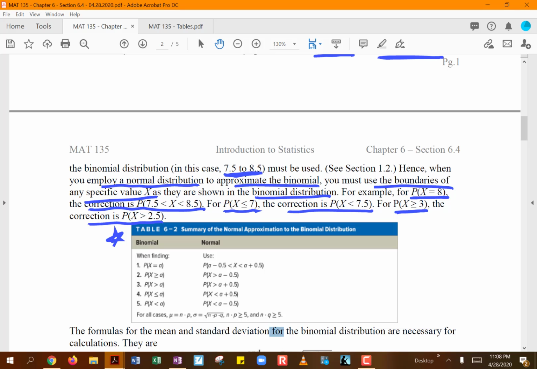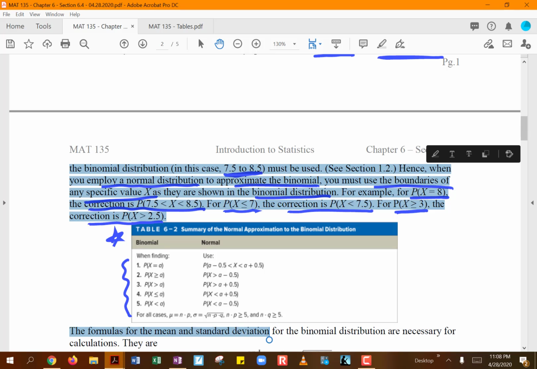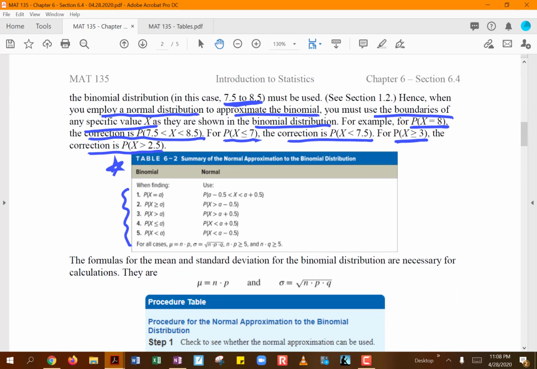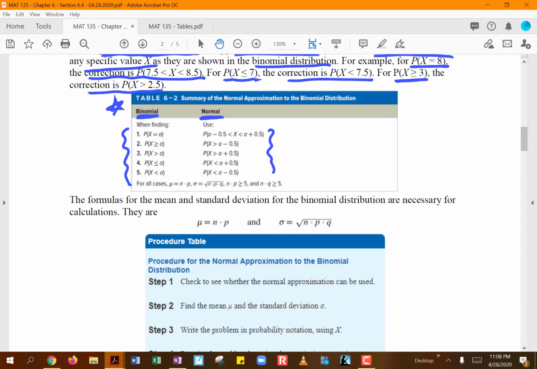So this table lists 5 different cases based on what probability you are being asked to calculate, and this would be coming from the binomial distribution. So in the normal distribution, we would have to use these values. Okay, so we have to remember to use that correction factor, and then of course we need to use the calculations from our binomial distribution for mean and standard deviation.